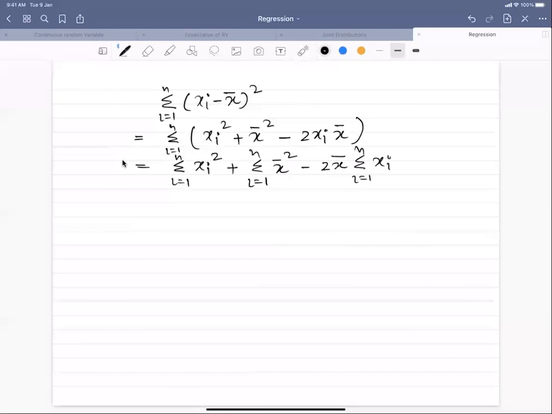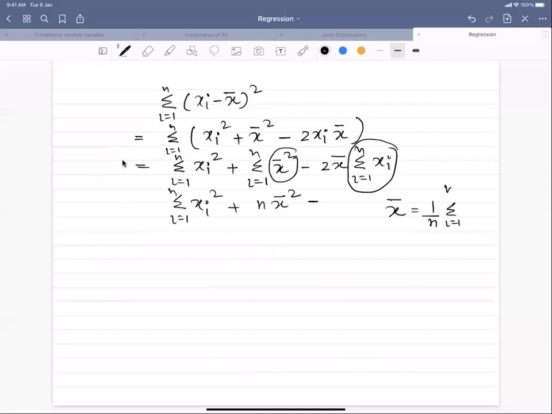So this will be summation over i = 1 to n of x_i square plus, since x bar is a fixed value, we can just write n x bar square, because it will be summed n times. And from the definition of x bar, we know that summation over i = 1 to n of x_i equals n x bar.